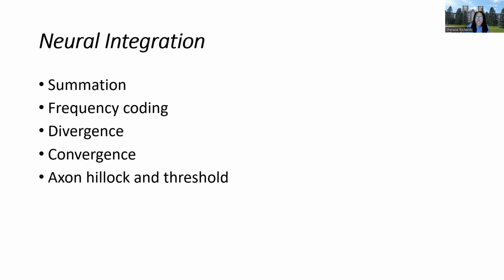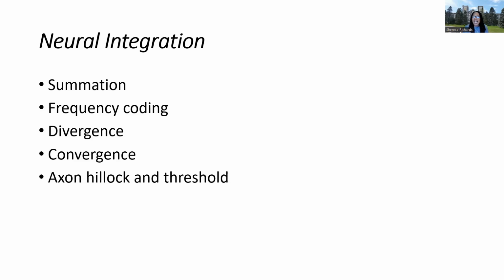So that region is really important because of a process called neural integration. Remember, we said that the axon hillock is the area where we have an abundance of voltage-gated sodium channels. And so this is the area where the action potential can begin, depending on how many and what type of graded potentials arrive on the soma.